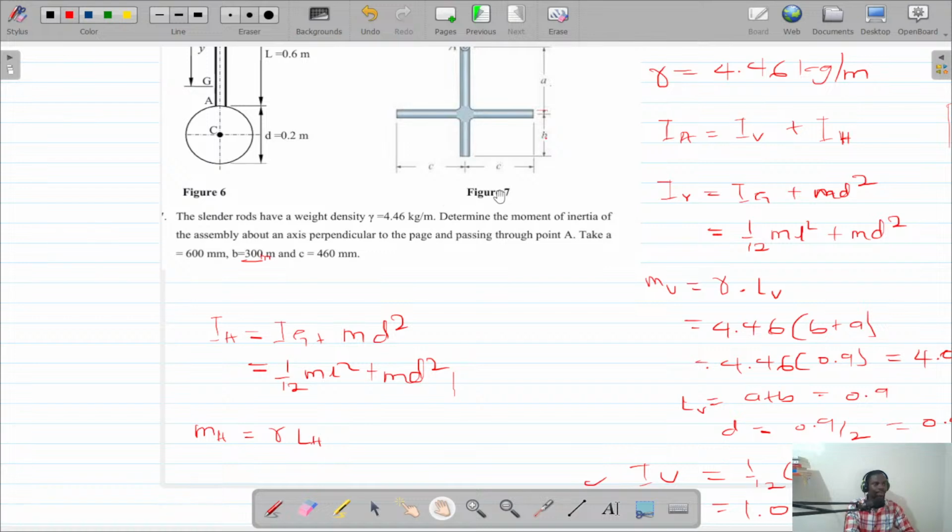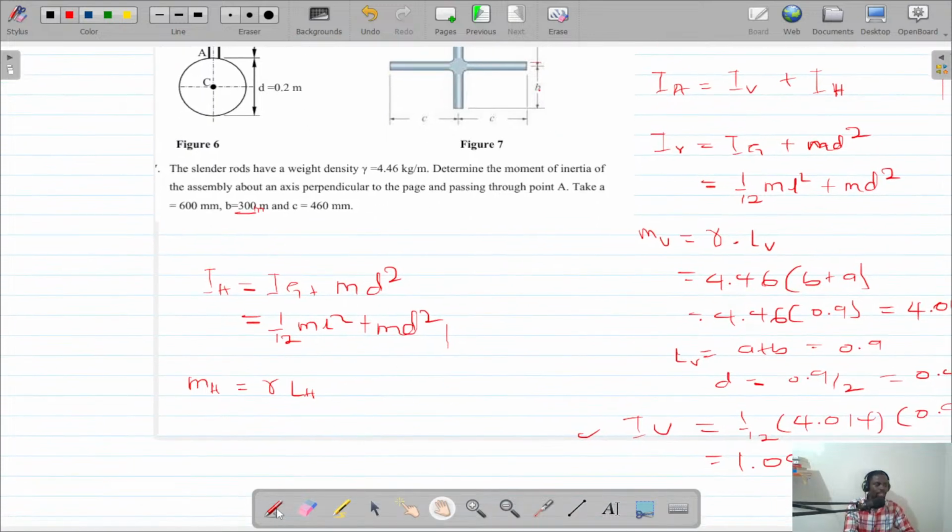The length is C plus C, which is 460 plus 460. So we have 4.46 multiplying 2 times 0.46, and that will be 4.1032 kilogram.